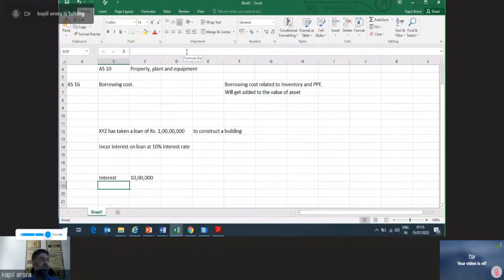So I have taken a loan of 1 crore rupees. On that, I am incurring an interest of 10 lakh rupees.